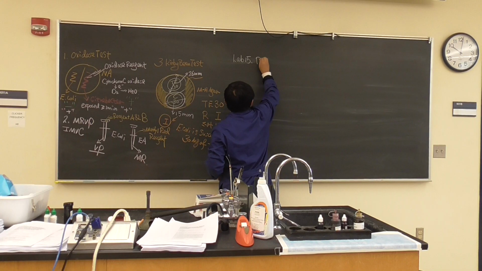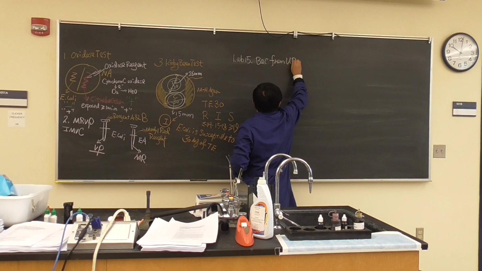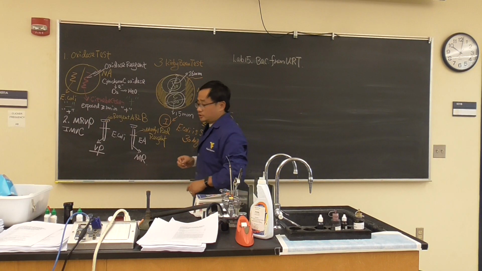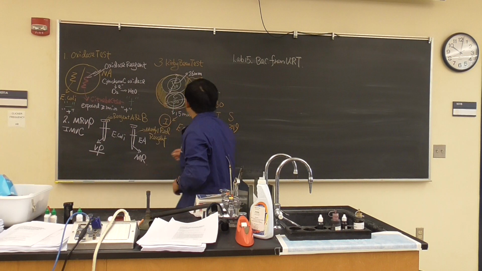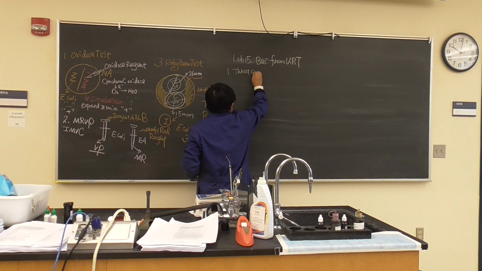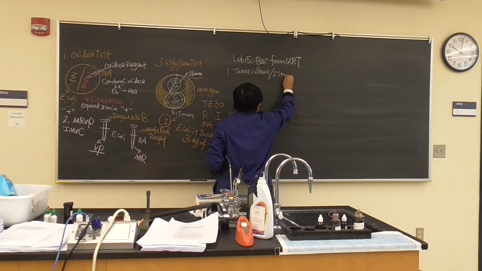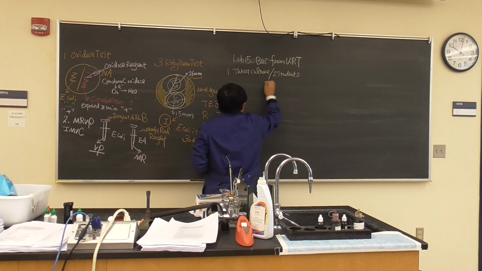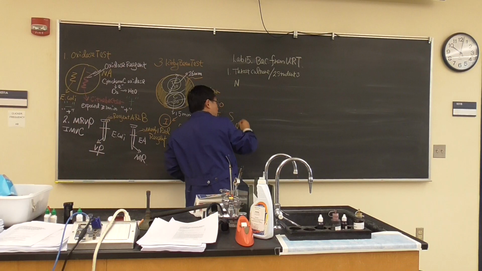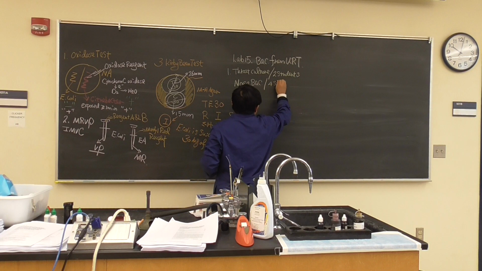That will be the bacteria from the upper respiratory tract. Okay, so what we do, there will be a throat culture for every 2 students. Okay, nose, or we say nasopharyngeal, bacteria, that's every 4 students.